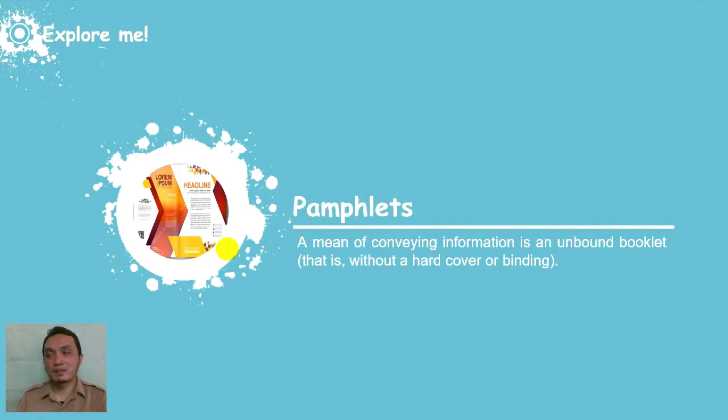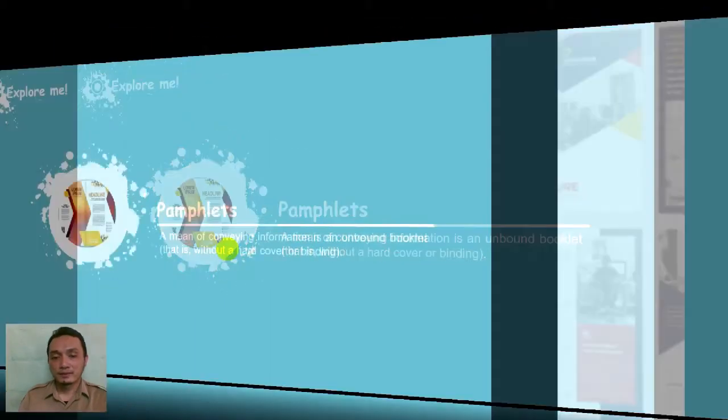A pamphlet consists of 2 or more pages, while a brochure has 2 or 4 to 12 pages, but it is only one piece of paper that is folded. But a pamphlet has not more than 48 pages. This is the characteristic of a pamphlet.